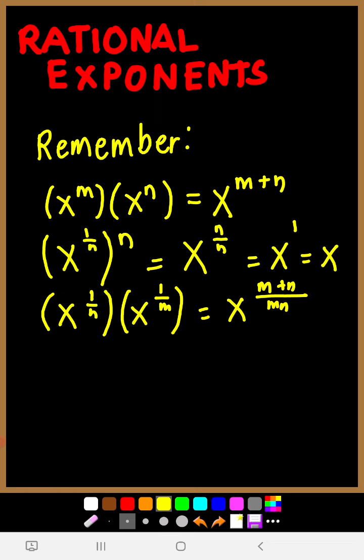So n times 1 is n, over n is 1. Therefore, it's just equal to x. And when you multiply x raised to 1 over n times x raised to 1 over m, that is equal to x raised to m plus n divided by m times n.